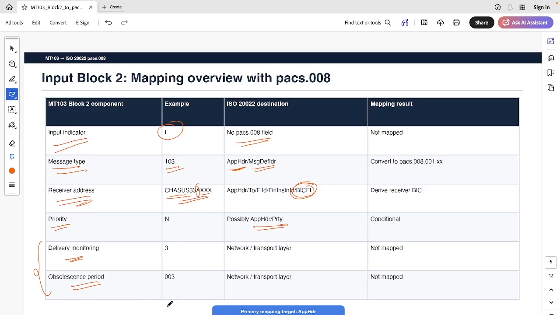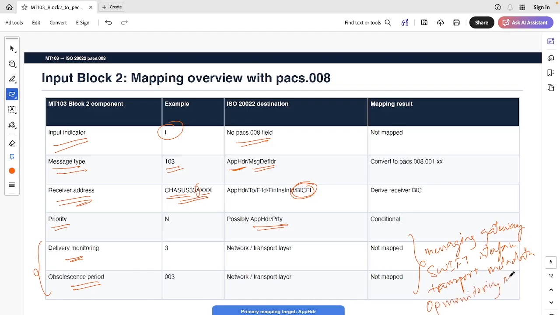They should normally remain in the messaging gateway, in the Swift interface, in transport metadata, then the operational monitoring system, etc.